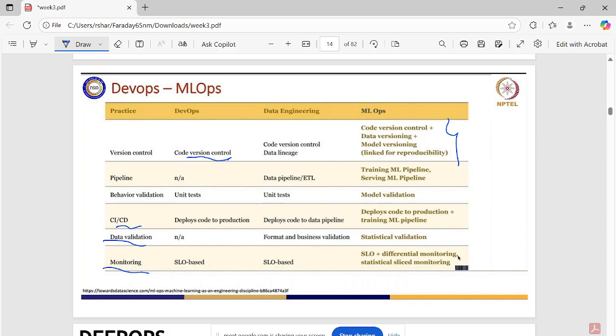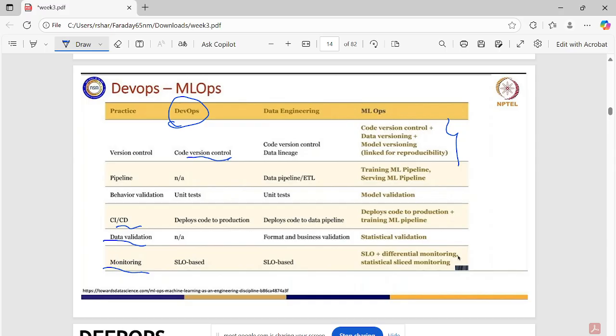People started developing code version control on DevOps, because at that time it was only DevOps. Then we had data lineage also linked to the code version, and so we mixed both to get the ML type.